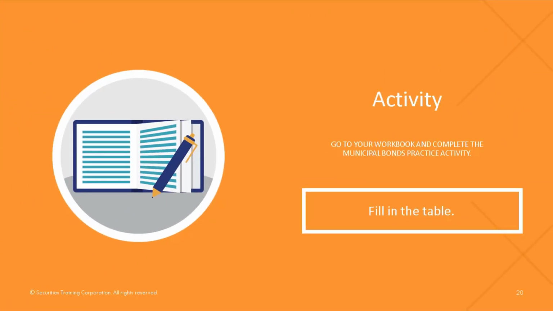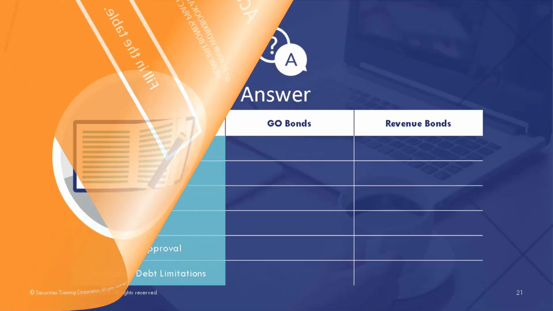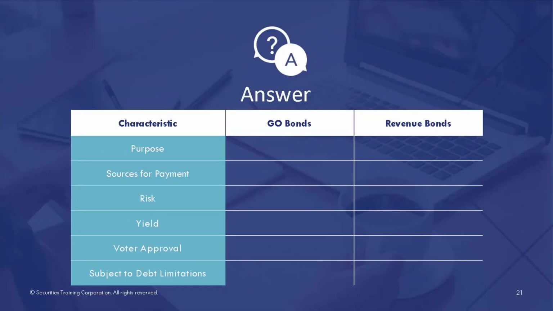Now, let's take a look at a little activity. If you look at your workbook, complete the municipal bonds practice activity by filling in the table. Let's take a look at that table in your workbook: GO bonds versus revenue bonds. What's the purpose of why they're done?